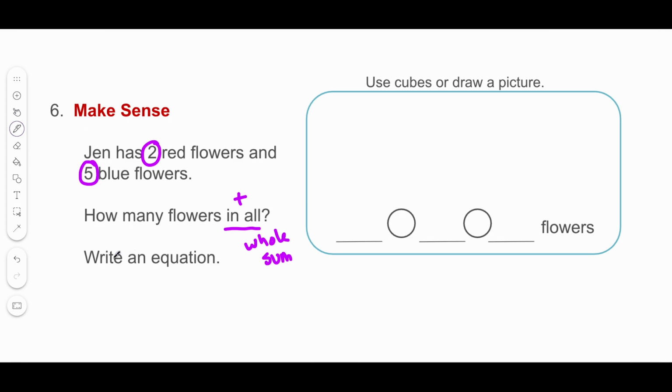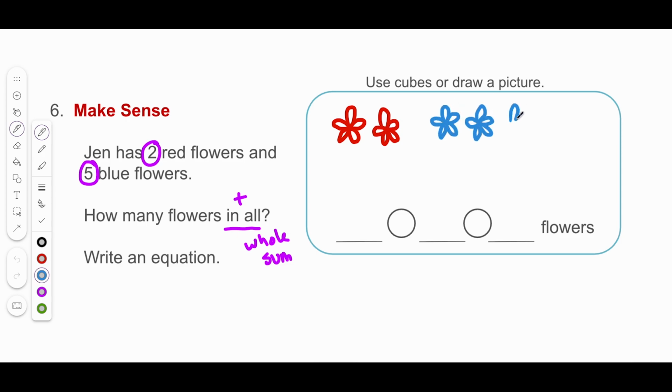Their job is to write an equation, and it points out that you could use cubes or draw a picture because a lot of students enjoy drawing and incorporating that part of their skill set to make this a little more fun. They could draw 2 red flowers and 5 blue flowers, and now they can take that and write it in as an equation. There are the 2 red flowers, 5 blue flowers. Because we're looking for in all, it is an addition equation.